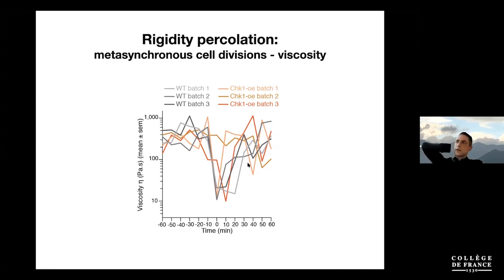This essentially just confirms the assumption we had at the beginning that for the tissue to uniformly fluidize, it has to undergo a synchronized last division round or cleavage round, during which contacts are being randomly lost within the tissue. Once you are interfering with this synchronized cleavage round, then the tissue fluidization is very patchy and heterogeneous.